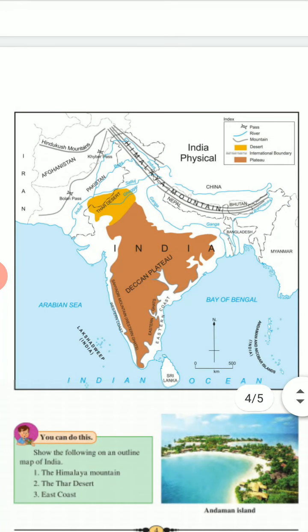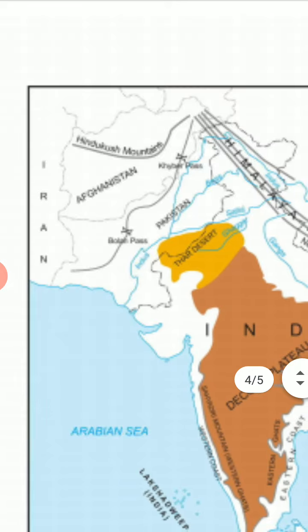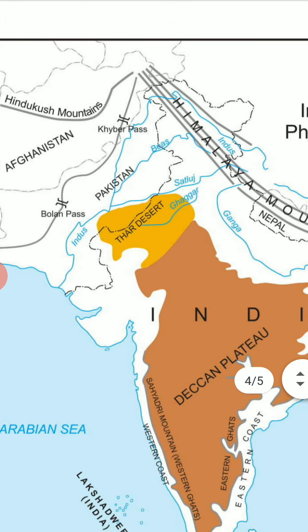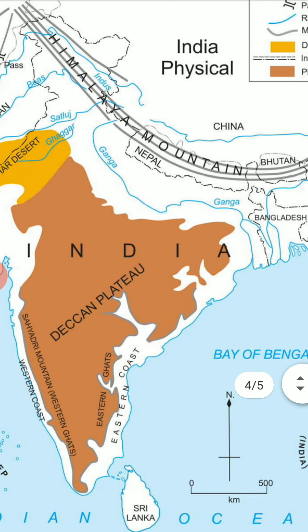Let's see what types of passes are in this diagram. Can you see this Bolan Pass? Yeah, here is Bolan Pass, and here is Khyber Pass, and you can see other passes.